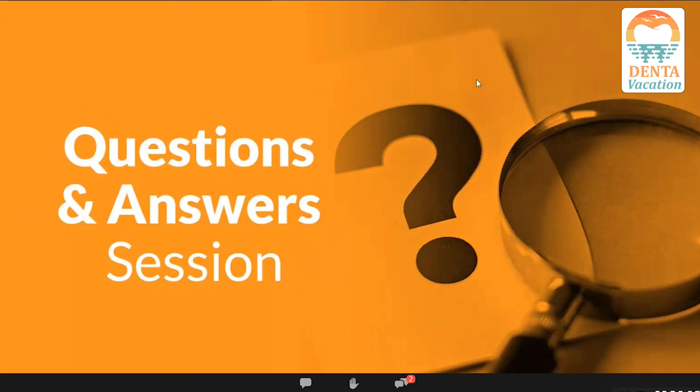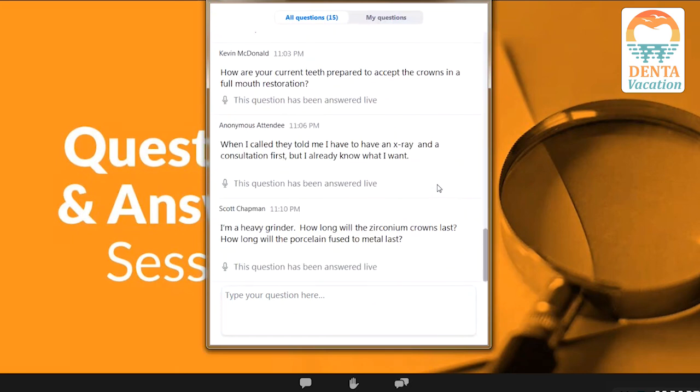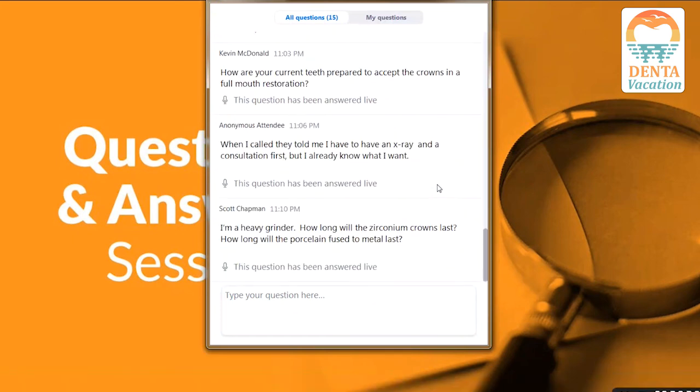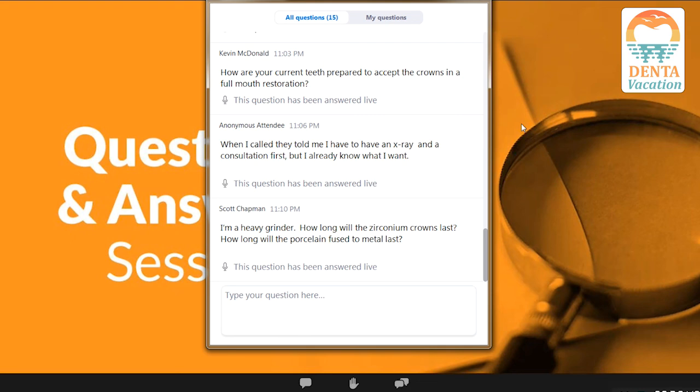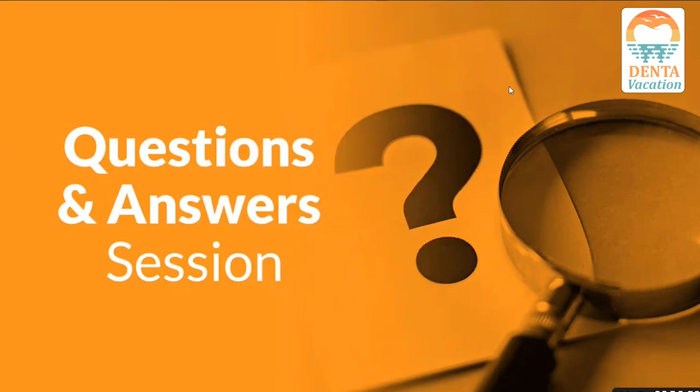Let me see if we have any questions. Okay, this is so interesting. Why are crowns so expensive in the USA compared to Mexico? I don't know, guys. I do want to comment on this one. Normally, universities here in Mexico give people a subsidy from the government, so the dentists don't have as much debt with that university.